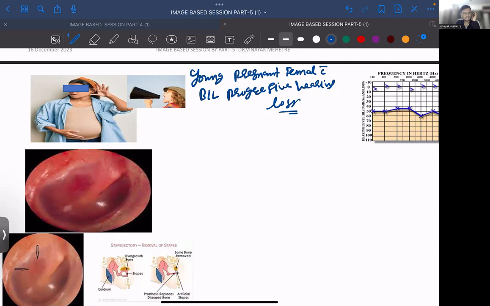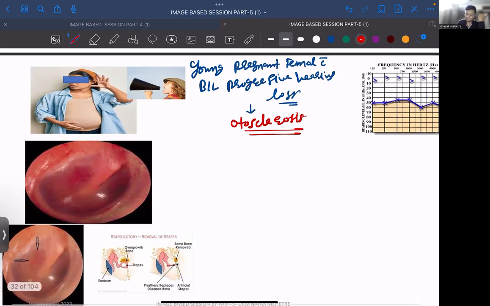Answer: yes. The answer always going to stay otosclerosis, and this is the way they will ask the question. Okay. Progressive, pregnant females में ही मिलेगा. Right. What are the signs that we see in this?